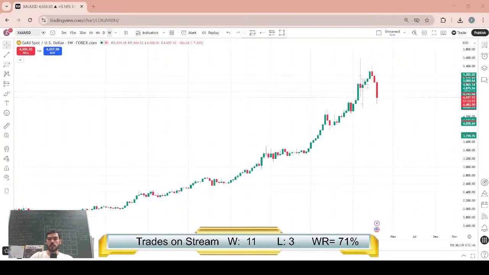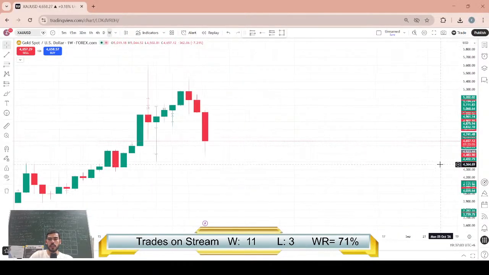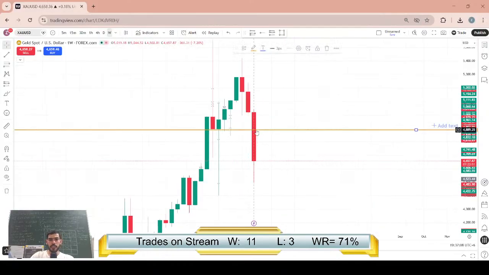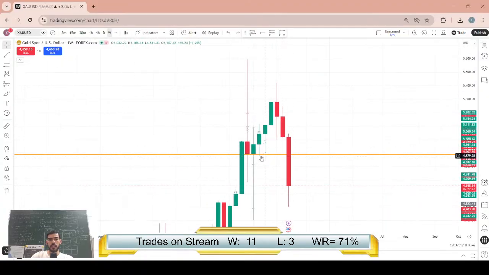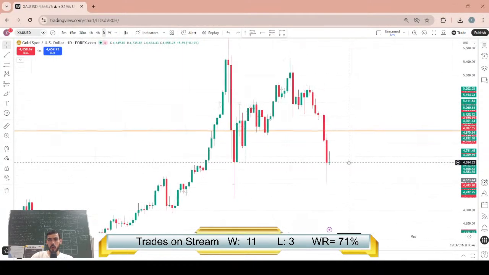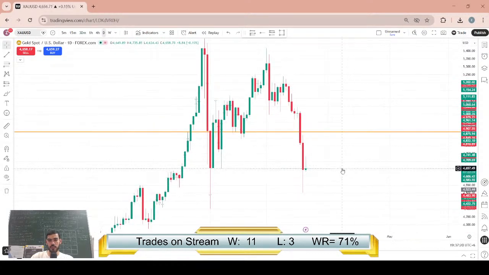Alright, so let's get into it. Let's get into the chart and explain everything so we can find some good trade. Price is still on this daily support right there. Wow, look how clean price action we have on the daily time frame.